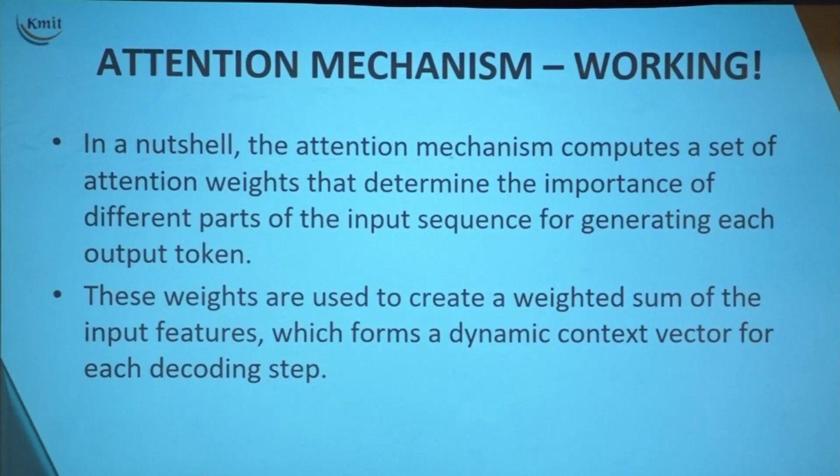Now let us dive into working. In a nutshell, attention computes a set of attention weights that determine the importance of different parts of the input sequence for generating each output token. These weights are used to create a weighted sum of input features which forms a dynamic context vector. This I have taught you.